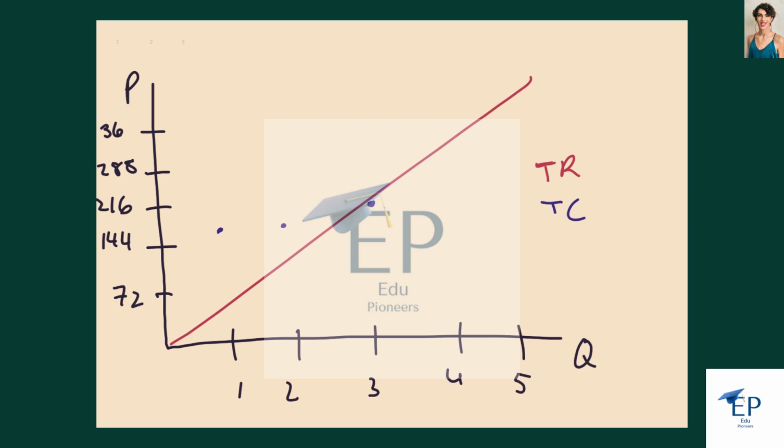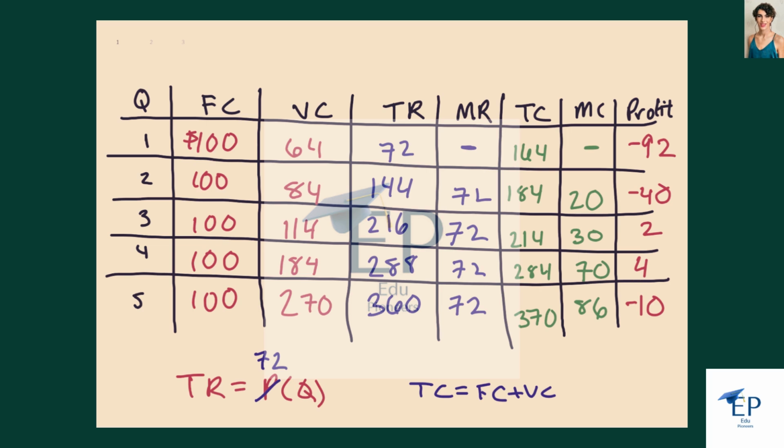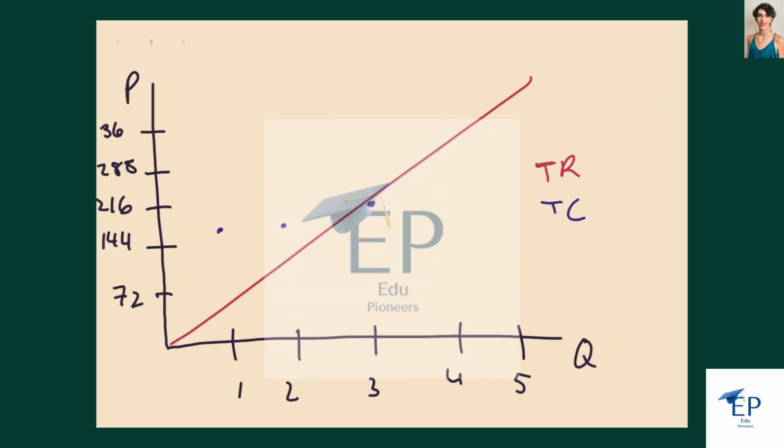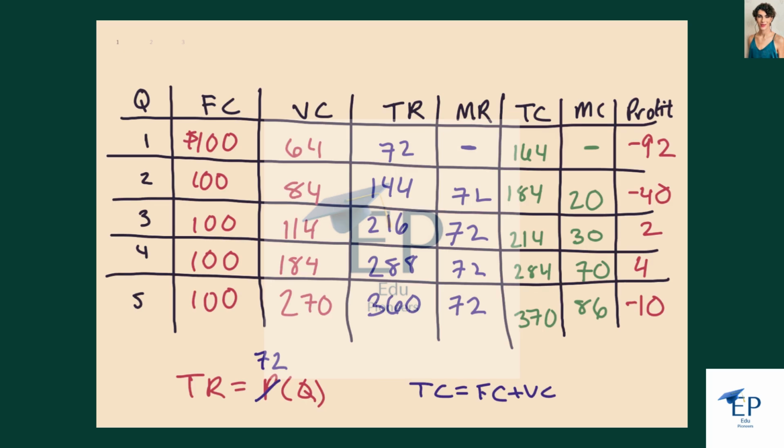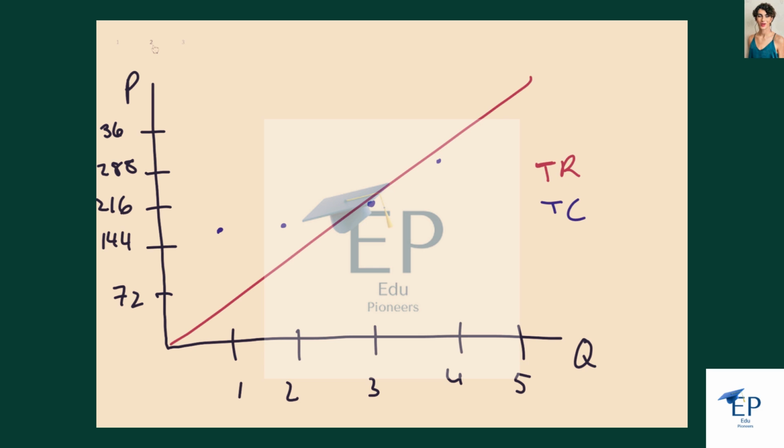And then at 4 units, we are producing at a cost of 284. So that would be right here. And at 5 units, we are producing at a cost of 370, and that is somewhere up here. So our curve looks something like this, a very rough sketch of our curve. So this is our total revenue and total cost curve.